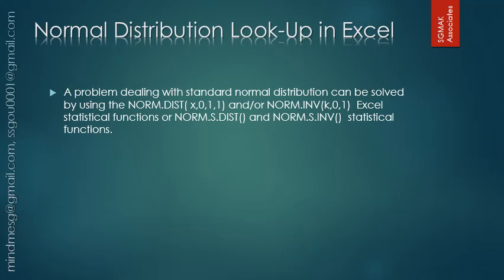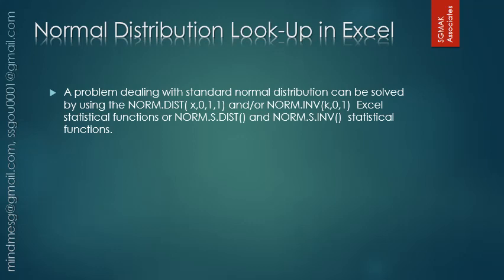So you don't have to pay separate attention to the standard normal distribution when you're looking at an Excel statistical function, because the standard normal distribution has a mean 0 and standard deviation of 1. So you may not have to use NORM.S.DIST. NORM.DIST can do the job.